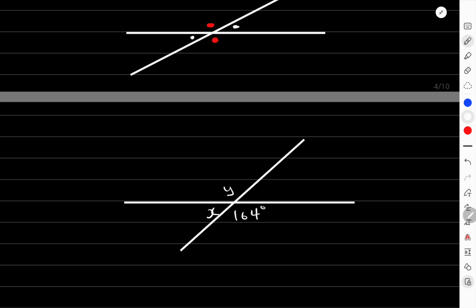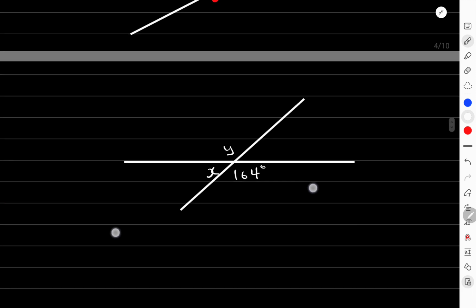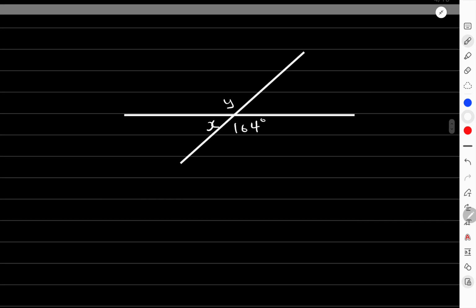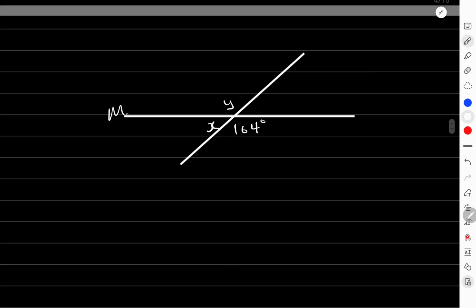If I'm given M, L, N, R, these are my lines. I have a vertex here, that is where two or more lines meet. I'm required to calculate the value of x and the value of y.